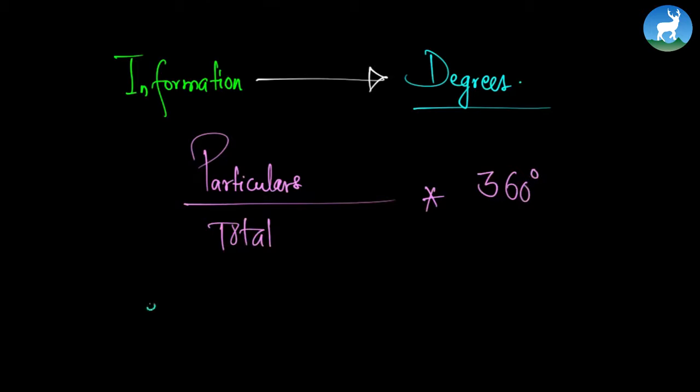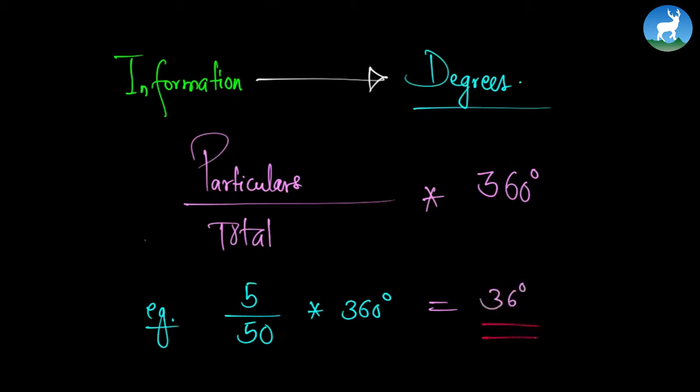For example, if the particular is, let's say, 5 out of 50, what does its value become in angles? This is 36 degrees. This is how you convert information into degrees. You divide particulars by the total and multiply that with 360 degrees.